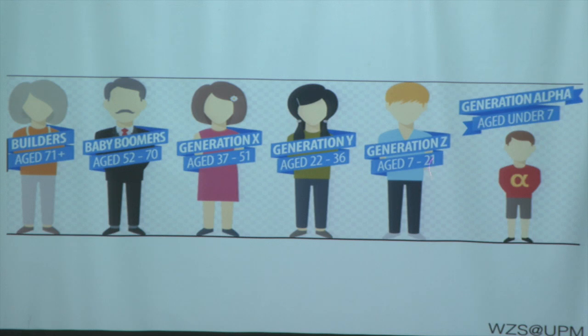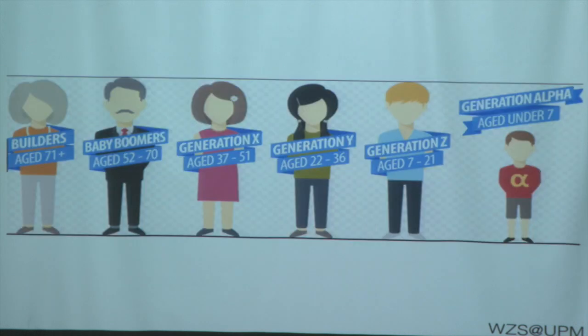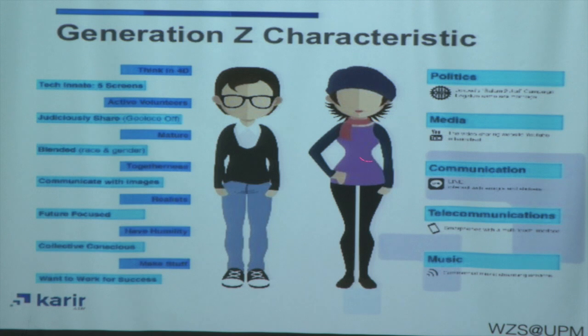And our children, our kids, some are already generation Z, and some are still Alpha. Right. And can you imagine in 10 years time they are here, in matriculation, and you're teaching, for example? And looking at generation Z, they think in 4D.